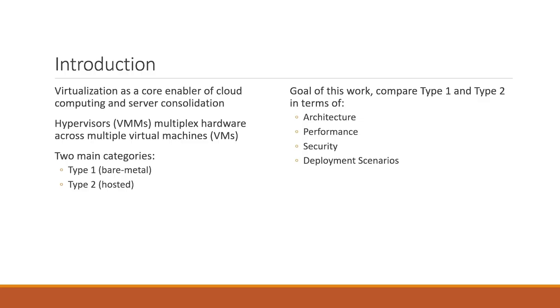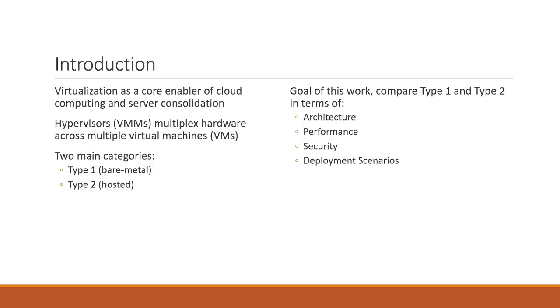Here's the introduction. Hypervisors are a backbone of virtualization, which is a foundational technology in cloud computing. A hypervisor, also called a virtual machine monitor, is a software layer that allows multiple operating systems to run on the same physical hardware simultaneously.